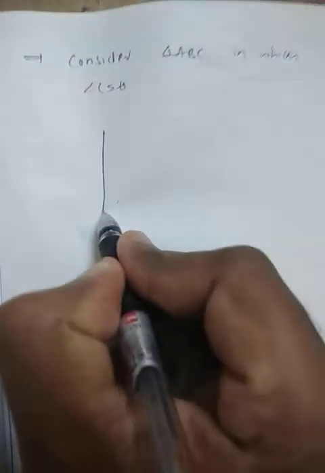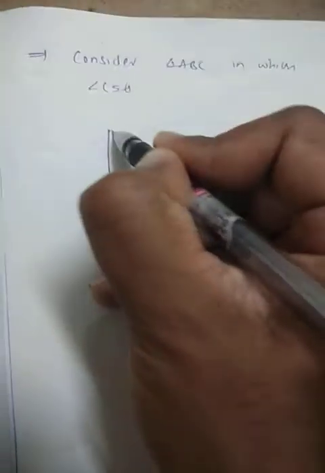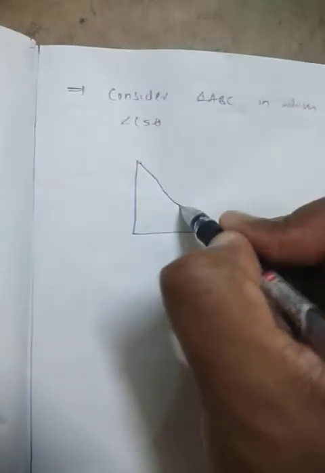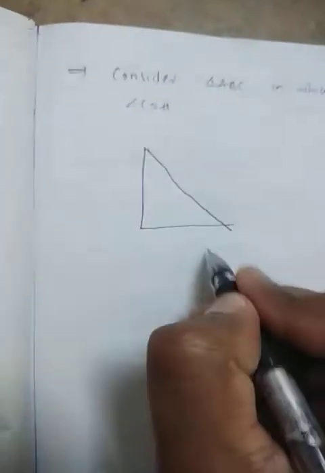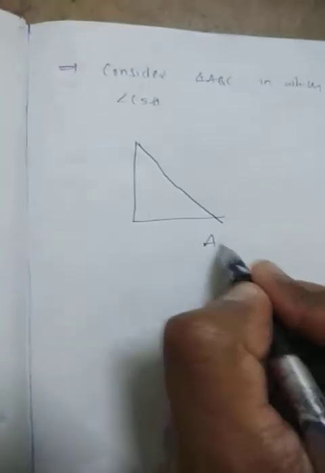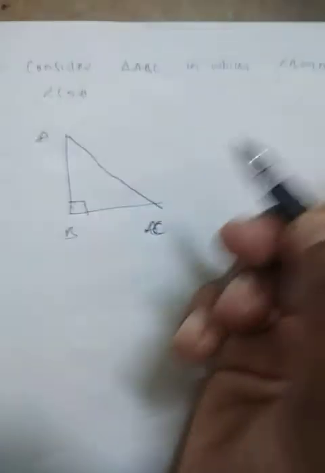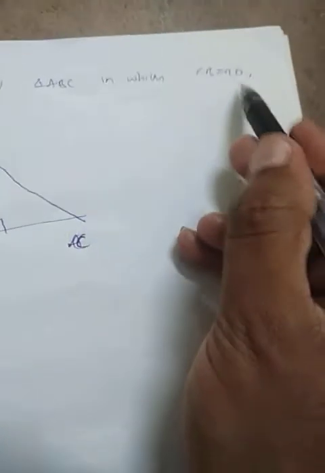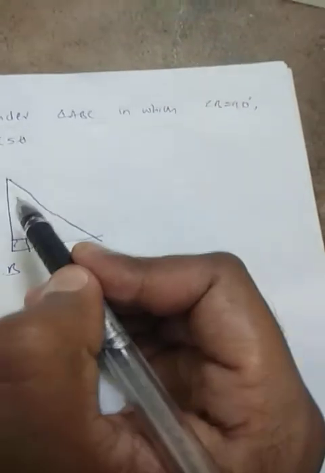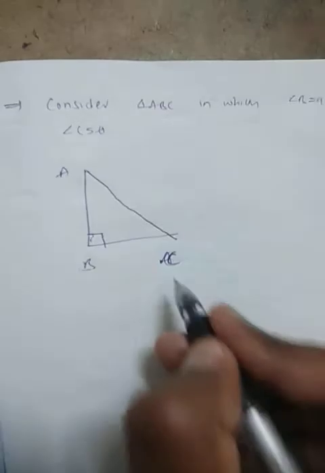Before going to this, I want to explain one point over here. Let us take this triangle ABC in which angle B is 90 degrees, and angle C is theta.